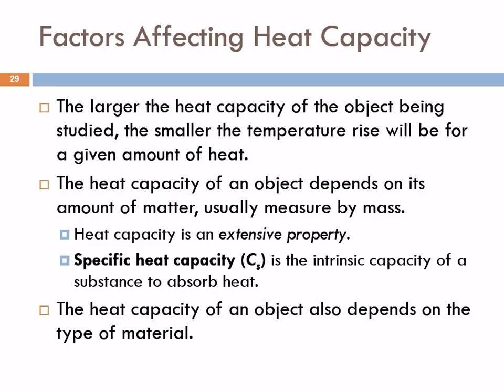So heat capacity isn't that useful of a property because it depends on the amount of substance. So what we often use is specific heat capacity. This is an intrinsic property, does not depend on the amount of substance.